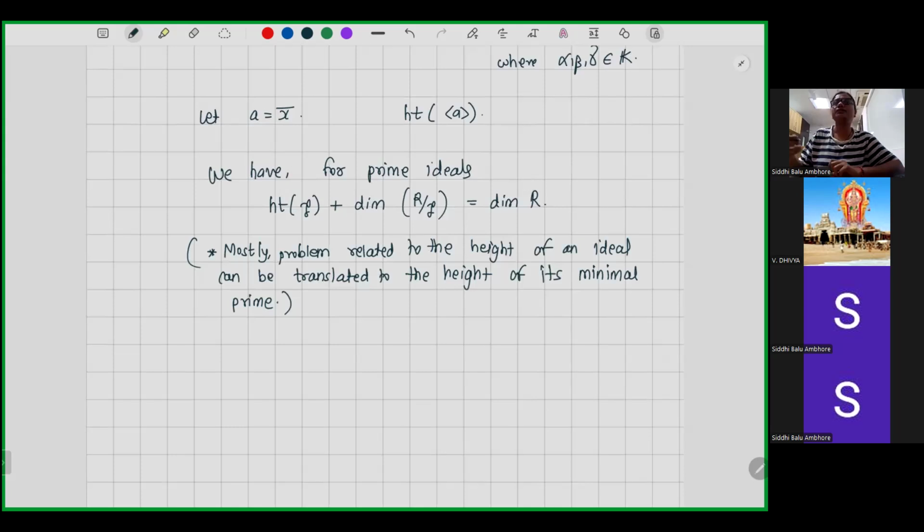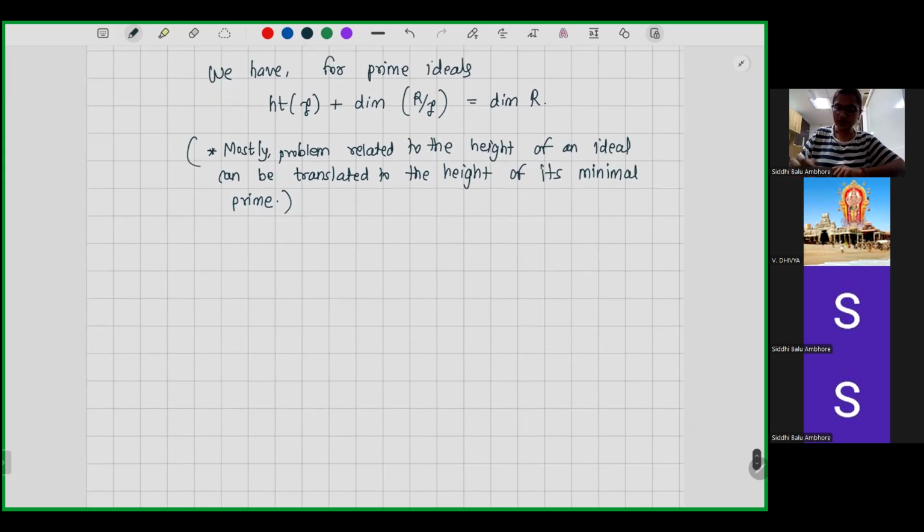And once we have the height of a prime, we have this identity: the height of P plus the dimension of R mod P is the dimension of R. So we will do this. Let us consider A to be x bar in my quotient ring R.